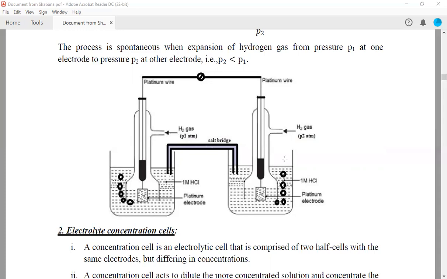And in the other half cell also, it consists of the platinum wire, which is present in the inverted glass bulb, and it has another inlet pipe at the pressure P2. Both are connected with the help of the salt bridge.